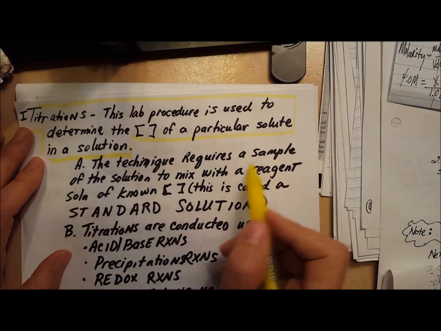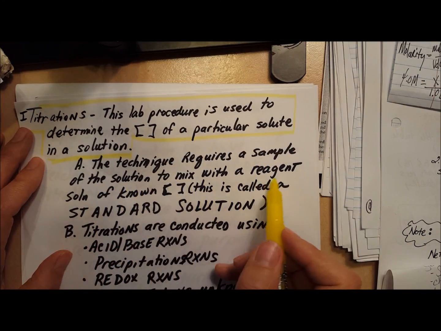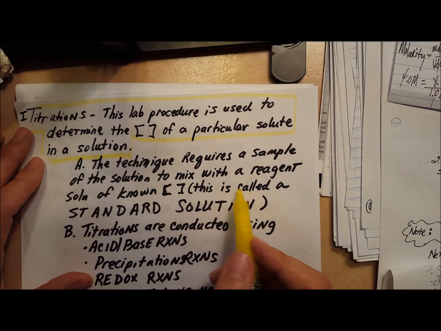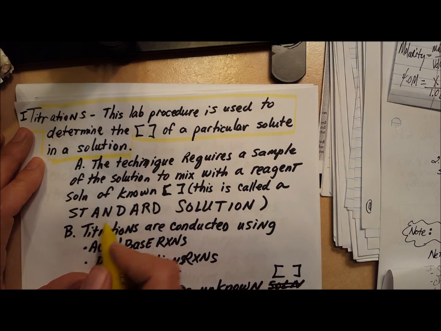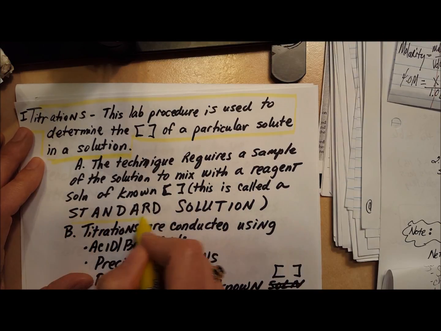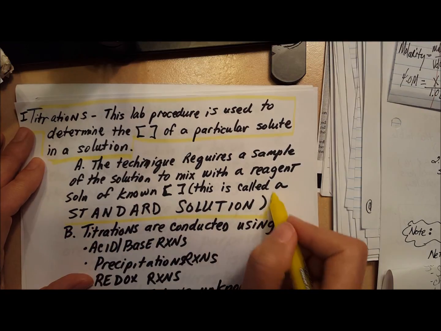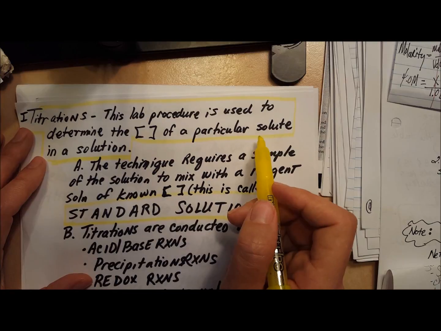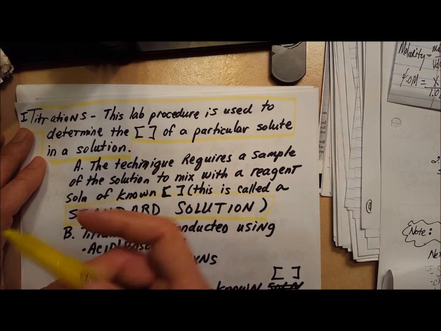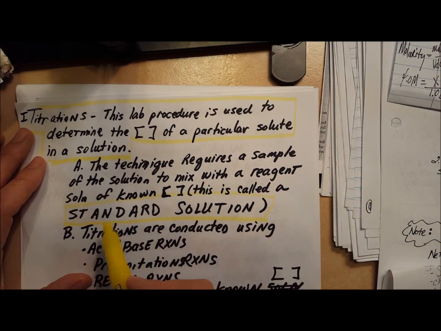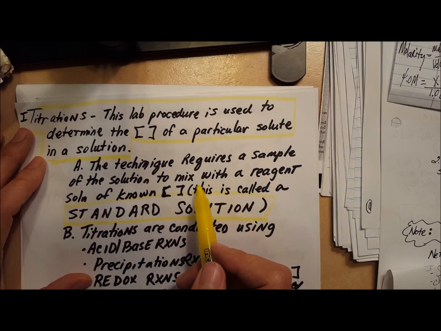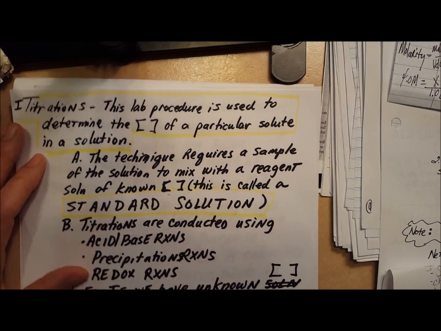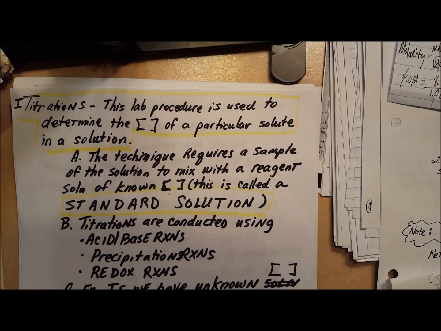The technique requires a sample of the solution to mix with a reagent solution of known concentration. This is called a standard solution. So in order to find the concentration of a particular solute, which you don't know, it requires you to mix with a reagent solution of known concentration, and that is called a standard solution.